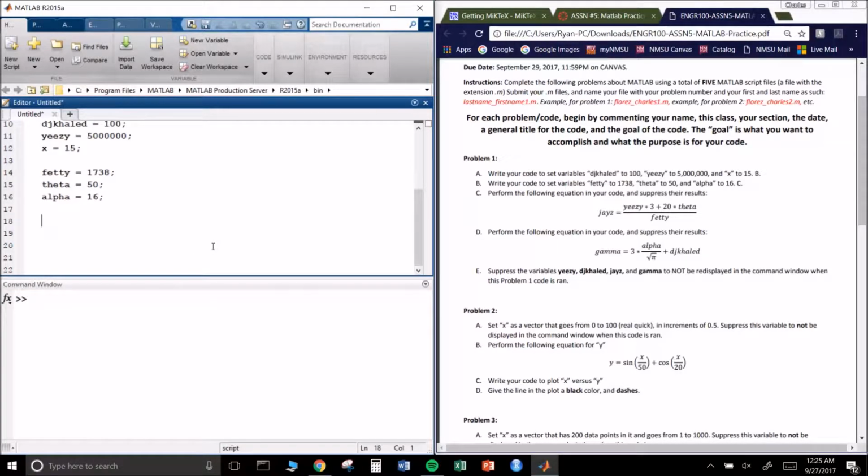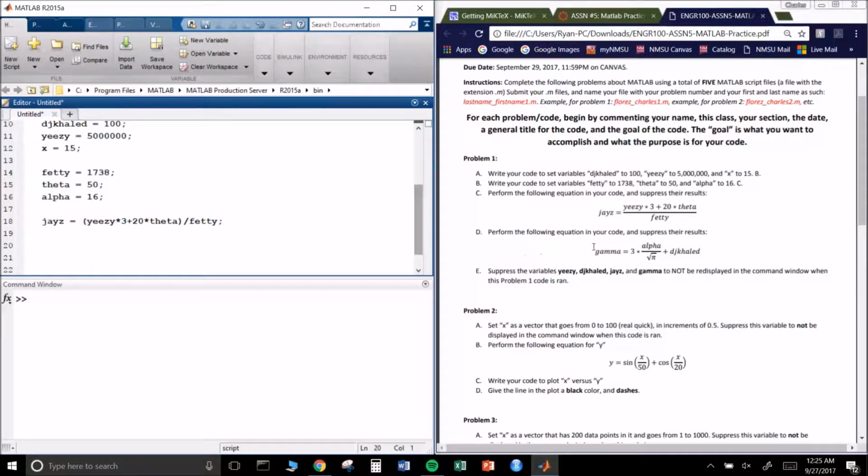Now here I'm going to set my equation of jz is equal to yeezy. This is a lot like Excel. Plus 20 times theta. I'm going to put these in parentheses because I'm going to divide the entire thing by Fetty. And I'm going to suppress this for now.